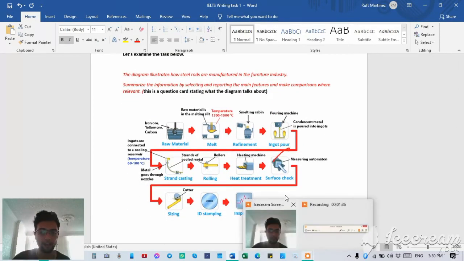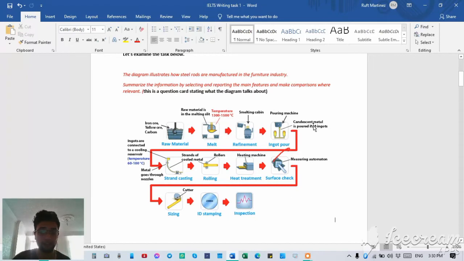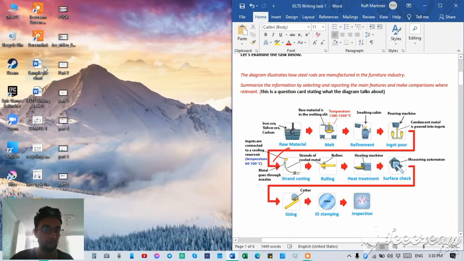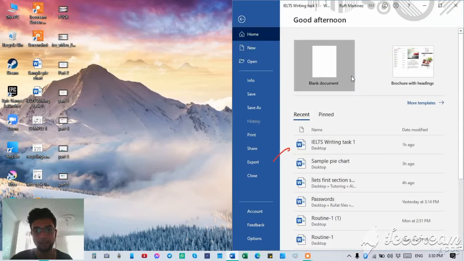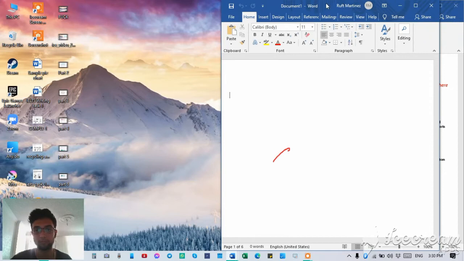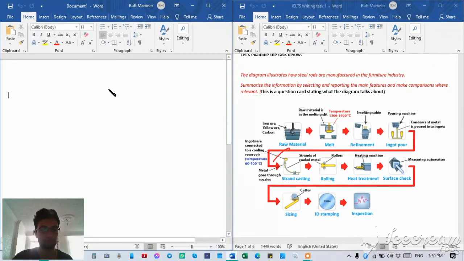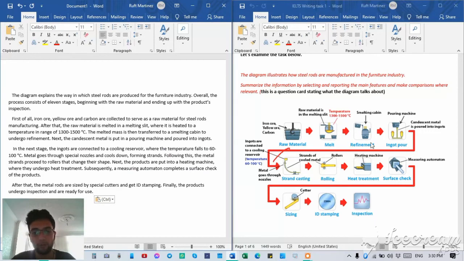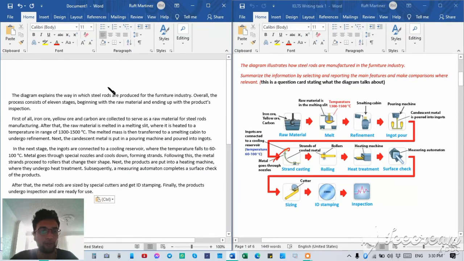I'm going to open up another file, and it's here. So we have written the overall sentence.